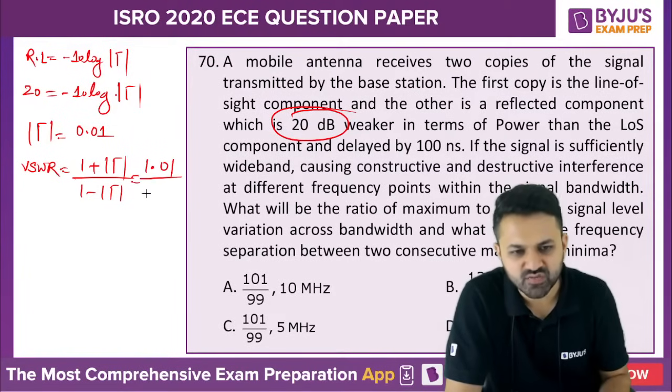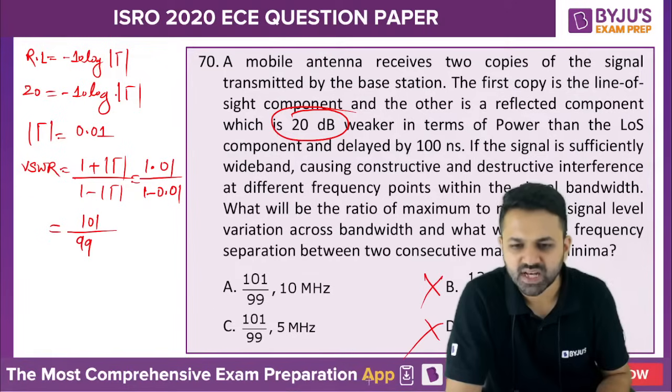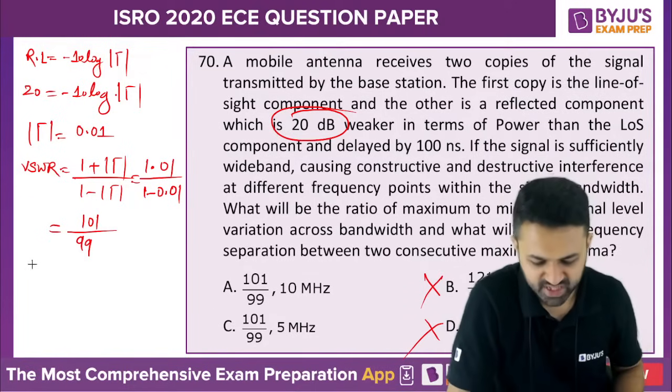So this is 1.1 divided by 0.9. When you solve it, this is 11 divided by 9. So these two options are eliminated, B and D, and now we are left with A and C.